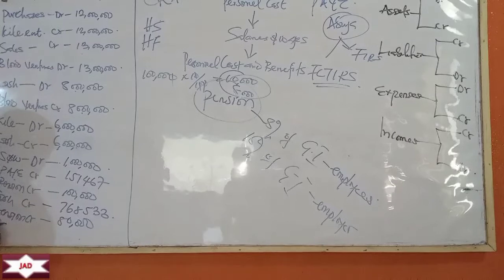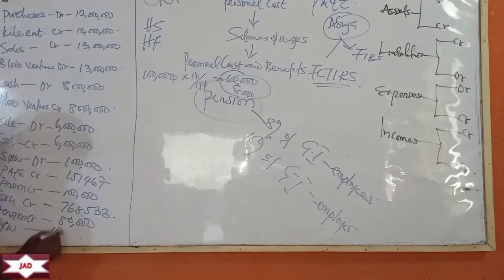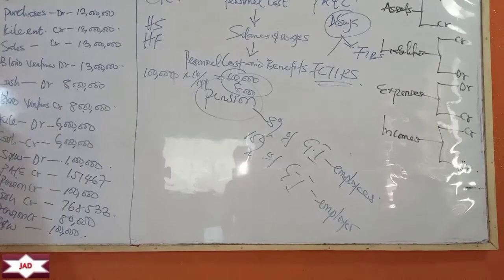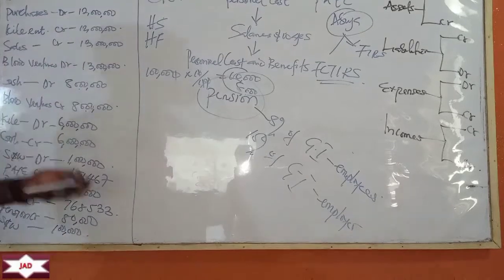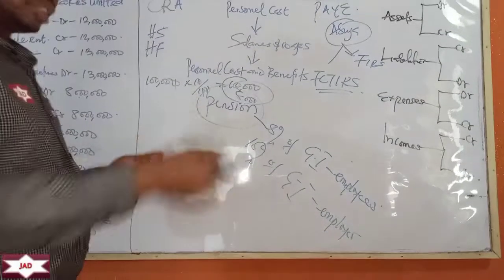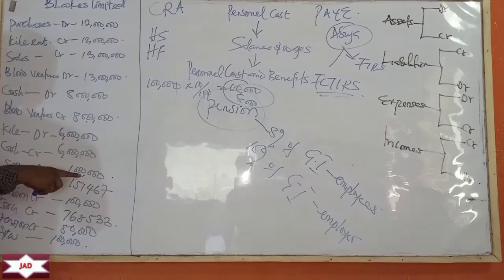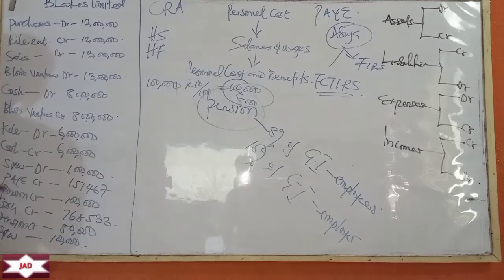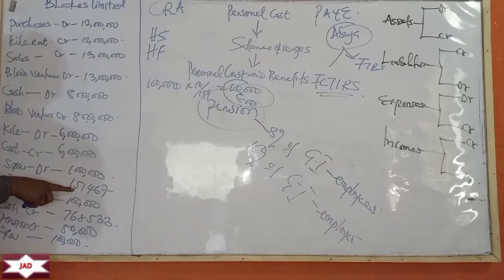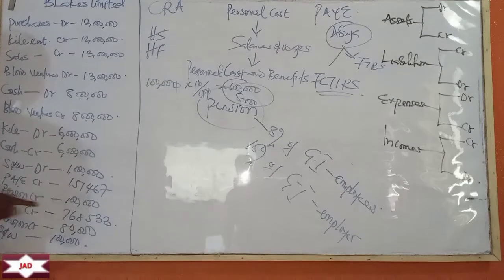You have another salaries and wages here, which is what? 100,000. So basically, the employer also pays pension. So you can see salaries and wages here 1 million. So pay as you earn deducted, credited. Pension deducted, credited.